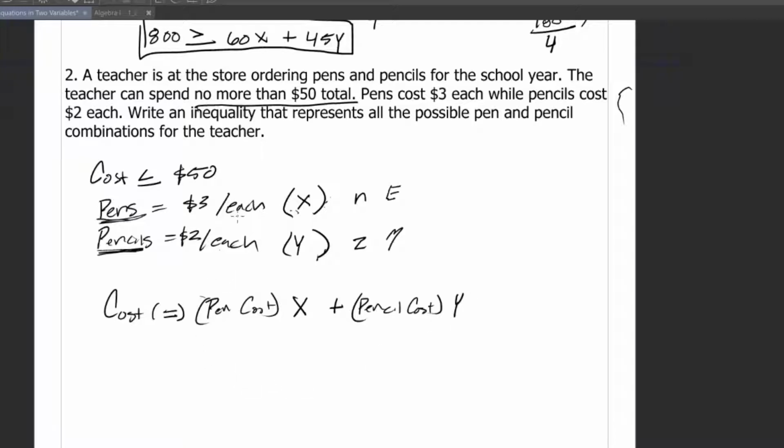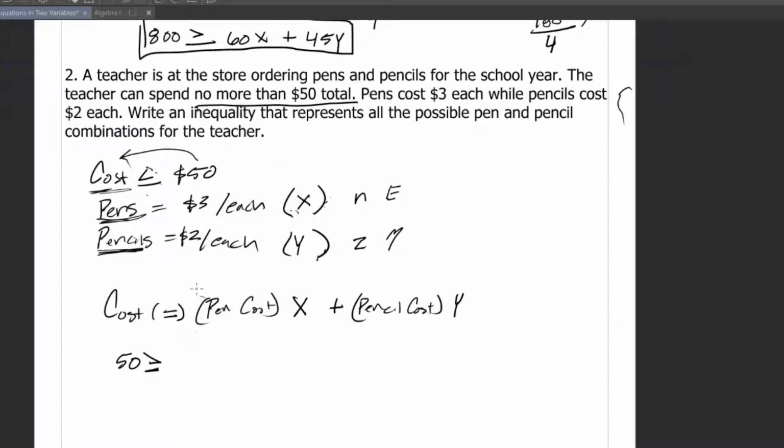Okay. And then from there, it's pretty much plug and chug. So we have 50. And we want the cost to be less than or equal to 50. So 50 is going to be greater than or equal to the total cost. Again, we want the total cost to be less than or equal to $50. So we know that $50, this is just reading this statement backwards, is greater than or equal to the total cost.